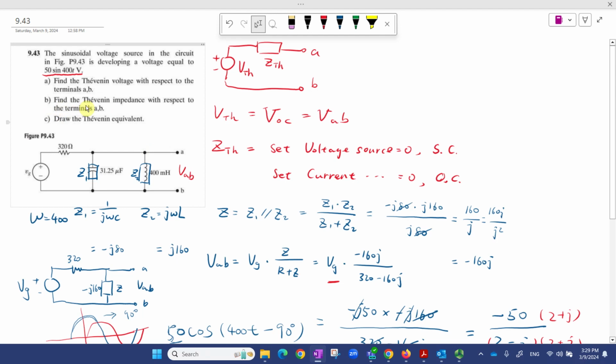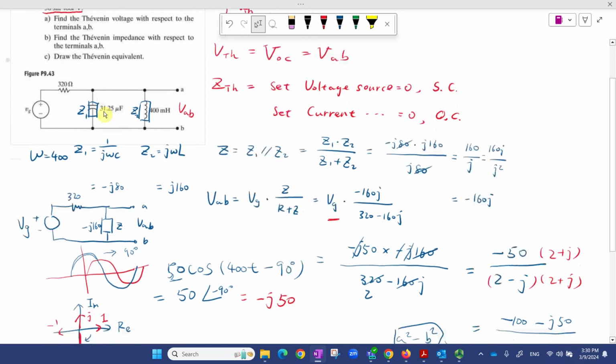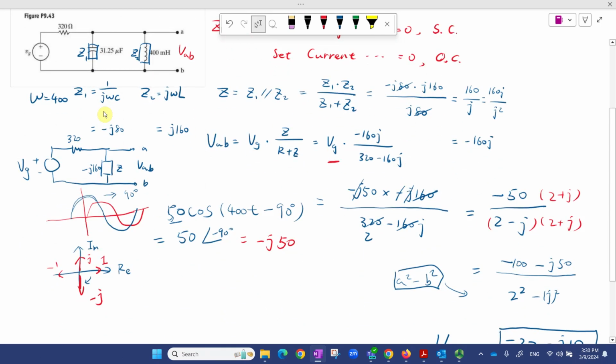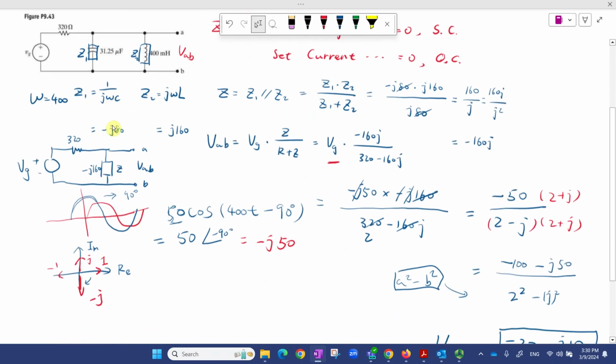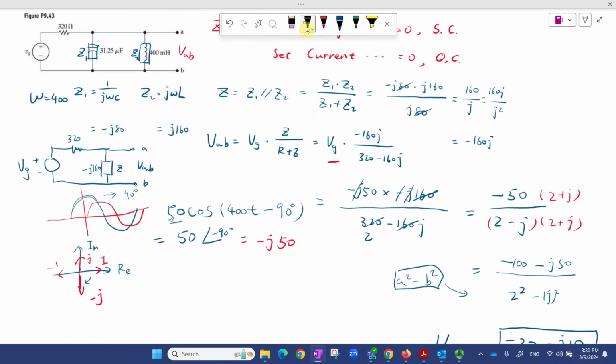So for part B, to find the Thevenin impedance with respect to the terminal AB. Alright, we talked about this. For the impedance, we're going to set the voltage source to 0. Okay, let me change the color.